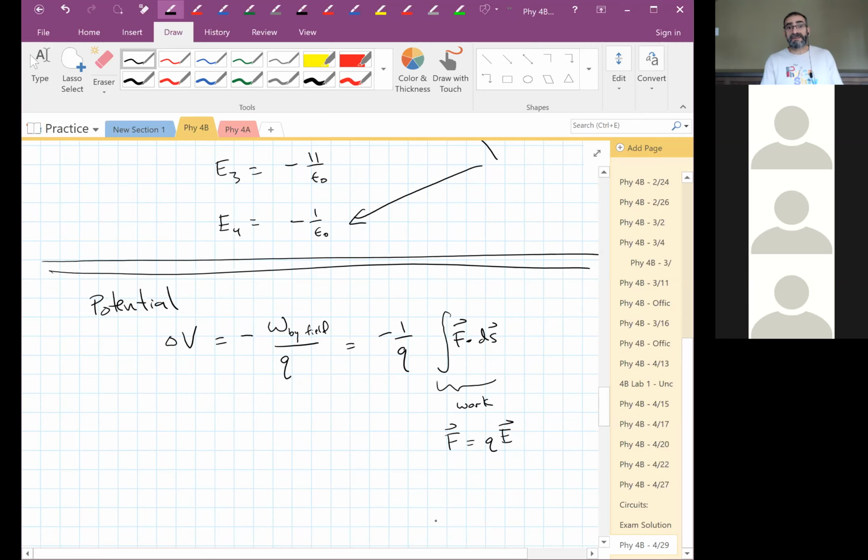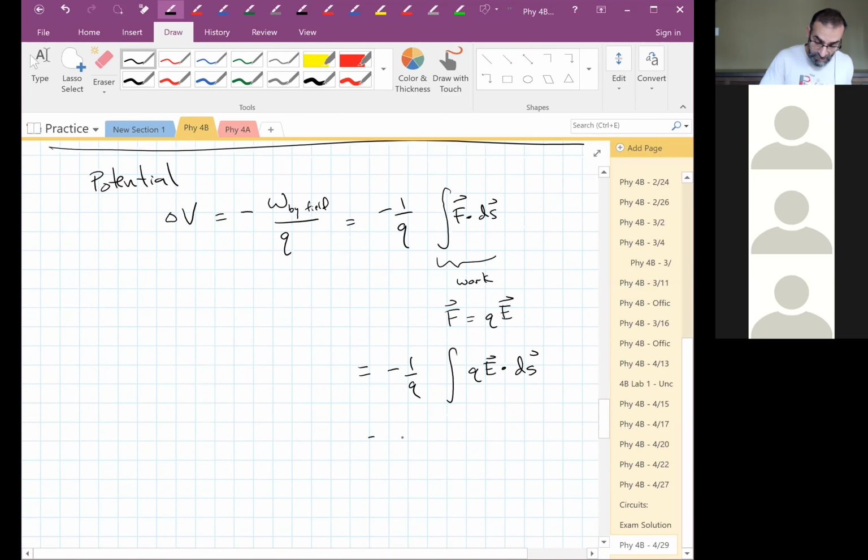Q times E, right? So let's plug that in there. What do we get? We get -1 over Q, integral of Q E dot ds. So we get minus the integral E dot ds. And that is an important equation.